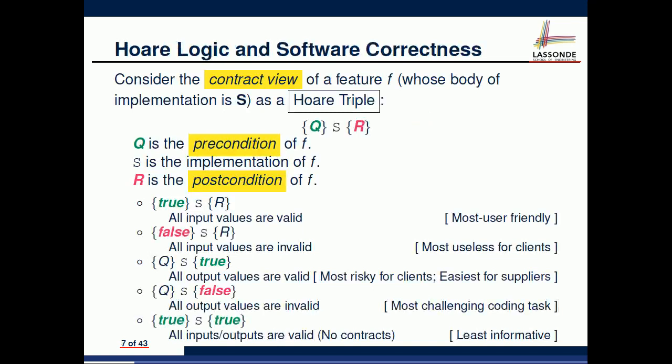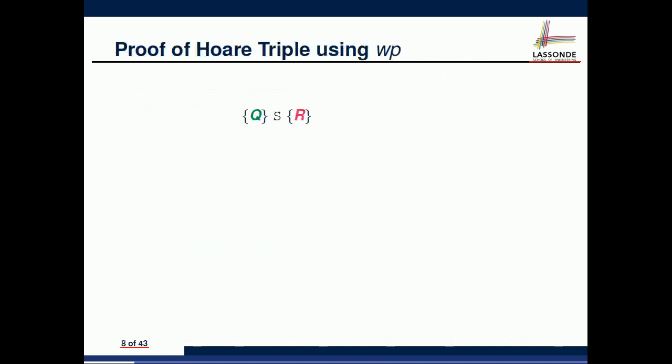So what we'll do is this particular proof rule. Given this particular Hoare triple, how do we prove it, or disprove it? Either way. Here's the formula, and I'll tell you the formula first, and then we have to understand what it really means. Overall, you have to prove an implication.